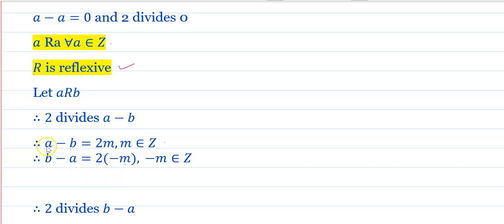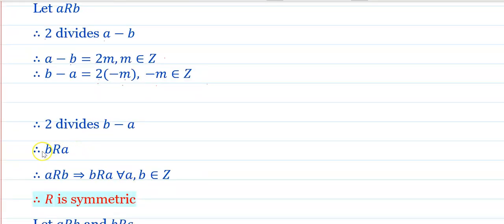Taking the minus sign common, or multiplying both sides by -1, you will get b minus a on this side and -2m on the other side. -2m can be written as 2 into (minus m), where minus m belongs to Z, the set of integers. Again, 2 divides b minus a, and therefore bRa. Therefore it is a symmetric relation.